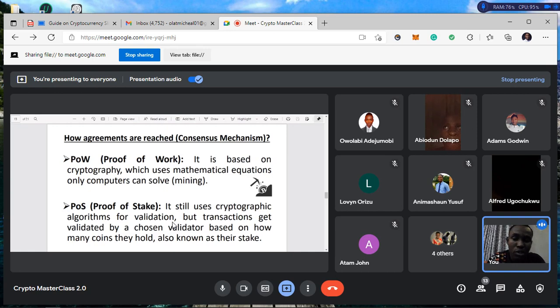But proof of stake came as an upgrade of proof of work. It came as an upgrade because, you know, one thing with the blockchain and the products that launch on it is this. When someone creates a solution, for every solution you create there will always be other problems attached to it.